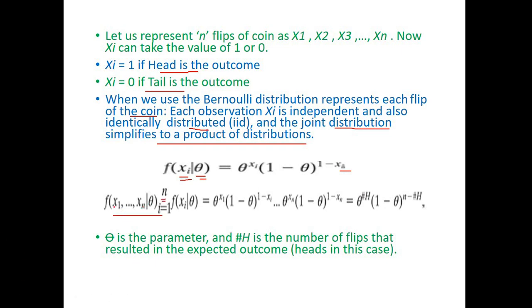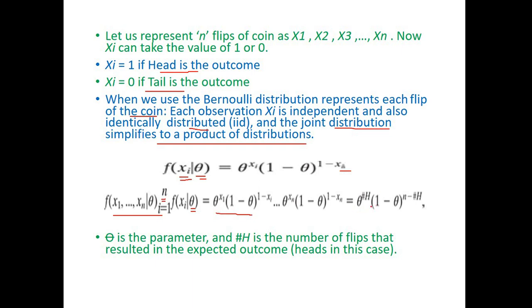The joint probability distribution for these outcomes, f of x1 to xn given the parameter theta, is written as the product of f of xi for all i from 1 to n given theta, which is theta power x1 multiplied by (1 minus theta) whole power (1 minus x1), and so on up to theta power xn into (1 minus theta) whole power (1 minus xn).